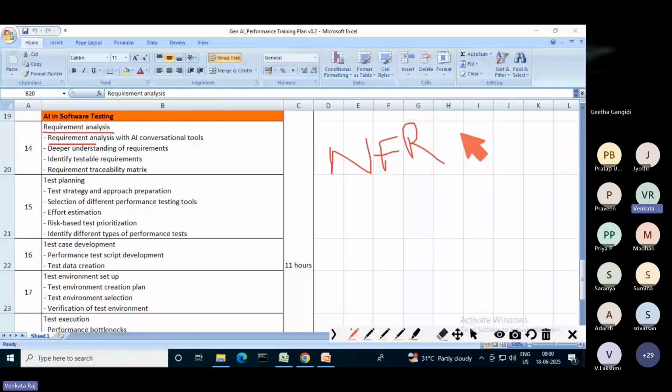We get non-functional requirements for performance testing. Also, there are other types of non-functional testing, and performance testing is one of them. When we get the non-functional requirements, what do we do? We are going to analyze them, right? That requirement analysis you can do with the help of AI tools.